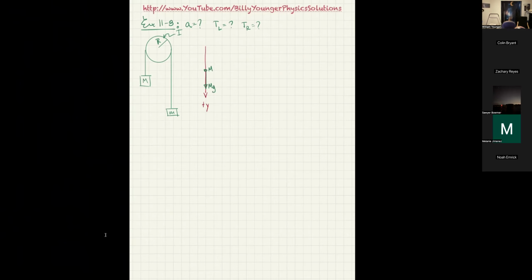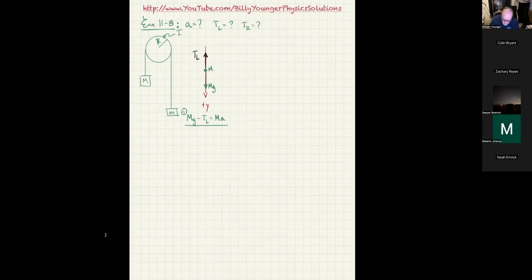It also has another force acting on it, and that force is what I call tension on the left-hand side, so that'd be T sub L. Newton's second law for this tells us that Mg minus TL is equal to Ma, and I'm going to call that equation 1.